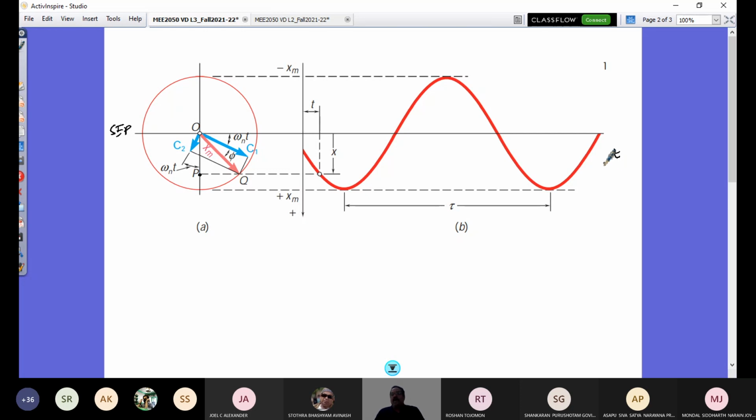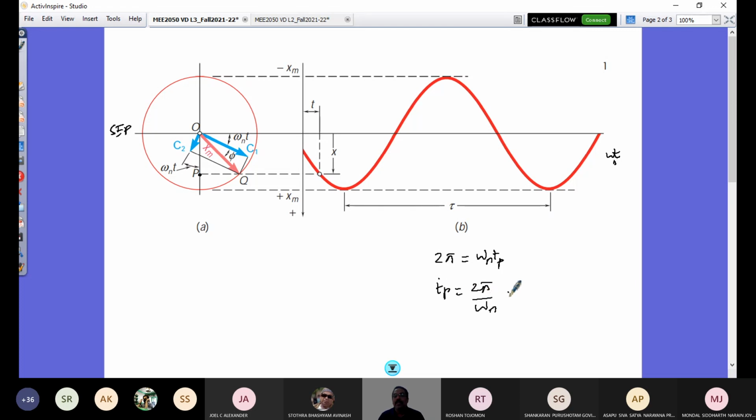So here this angle is omega nt, and this tau here represents the period. This period represents one cycle, that's 2 pi, and that is equal to omega n times Tp. So I can rewrite this as Tp, the period, equal to 2 pi by omega n.